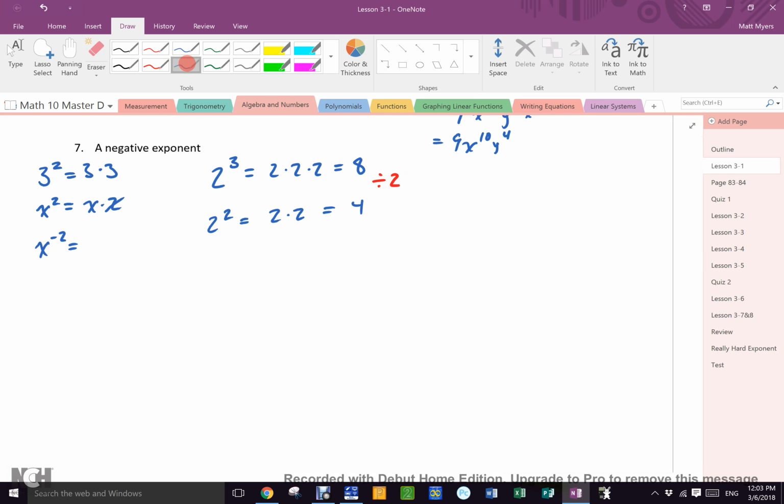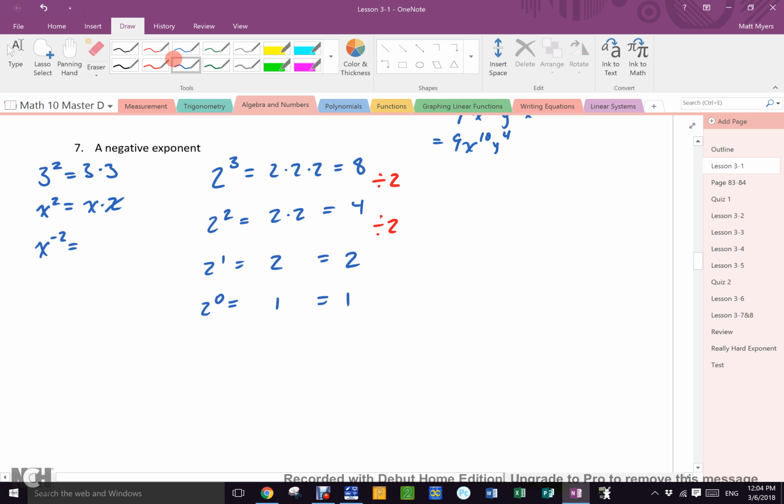Okay. What is the next logical exponent? 2 to the 1, which is 2. What happened? We divided by 2. What is the next logical exponent? 2 to the 0, which is no 2's, 1, which evaluates as 1. What happened here?